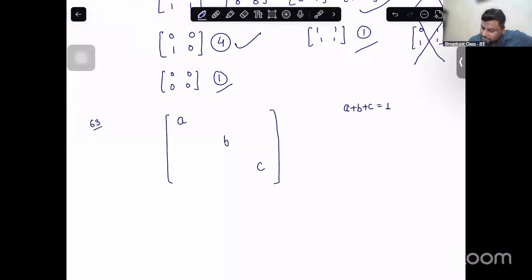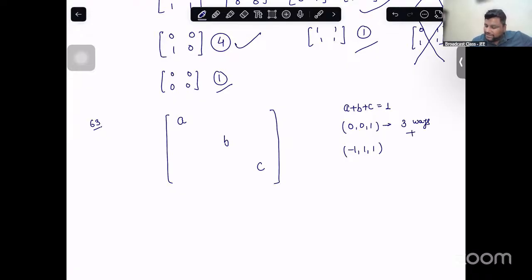One way is you keep two zeros and one 1. Other way is you keep a -1, a 1 and another 1. That's it. These are the only two ways in which you can make sum of these three entries as 1. Now, in how many ways these three entries can be placed at A, B, C? Three ways.